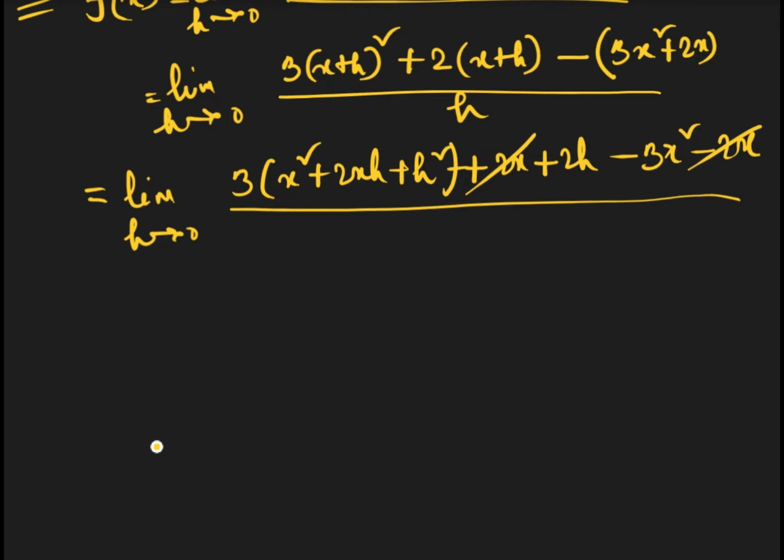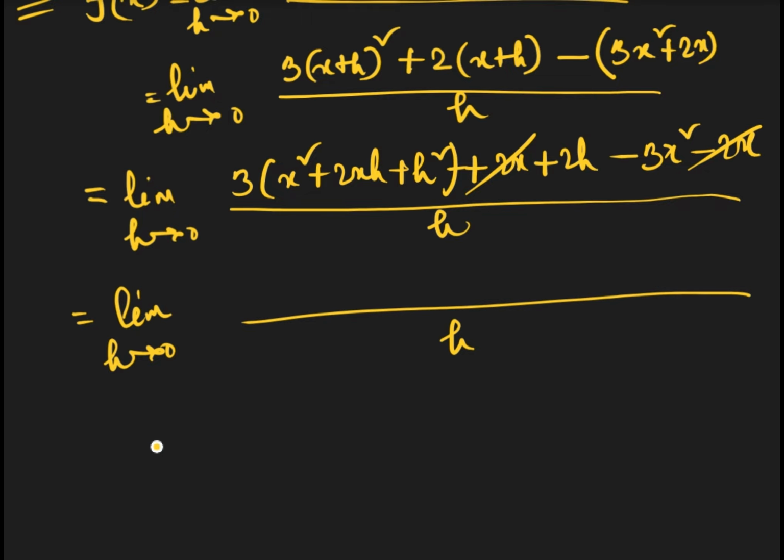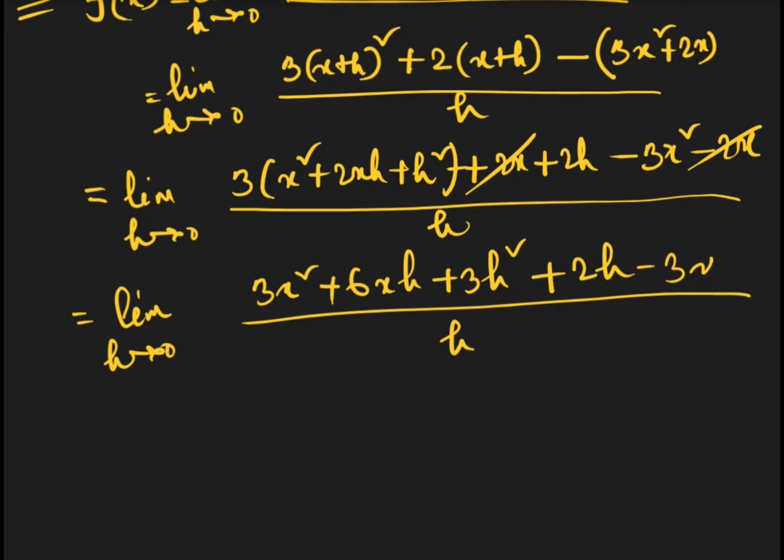So this 2x and this 2x cancel out, and here will be h. Afterward, limit h tends to 0, 1 by h, 3x square plus 6xh plus 3h square plus 2h minus 3x square. So this 3x square and this 3x square cancel out.